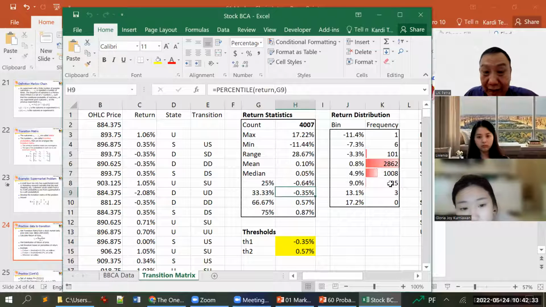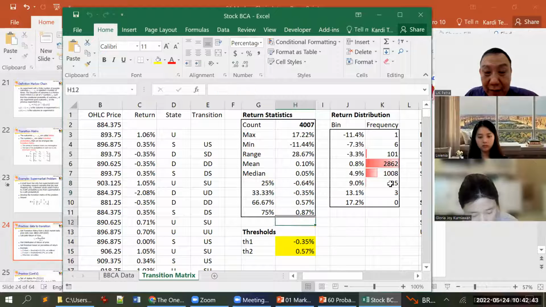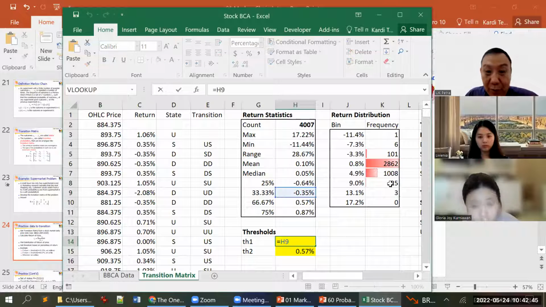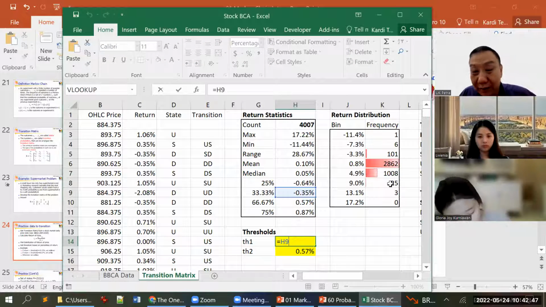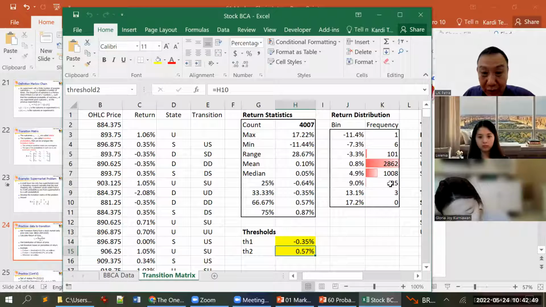And then I get the percentile. One way to decide the threshold is to use that percentile. Basically, this is just a copy of the 1/3 percentile and 2/3 percentile. If you don't like it, you can change the percentile.